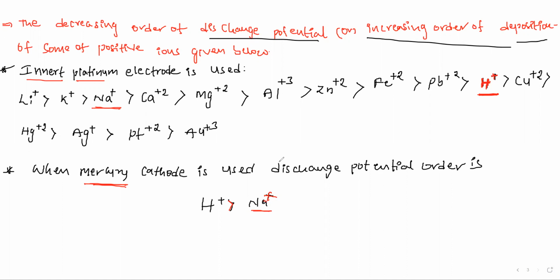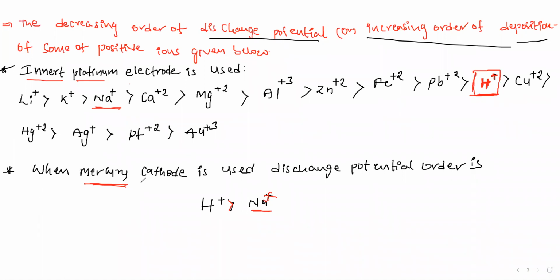Next, I am going to give the electronegative series. The condition I already told: this is the inert platinum electrode. ఇప్పుడు ఇన్నర్ట్ ప్లాటినం ఎలక్ట్రోడ్ క్యాథోడ్ లాగా తీసుకున్నాం అనుకో, there sodium has high discharge potential compared to hydrogen. So in that case, hydrogen will deposit on the cathode when we use the inert platinum electrode.